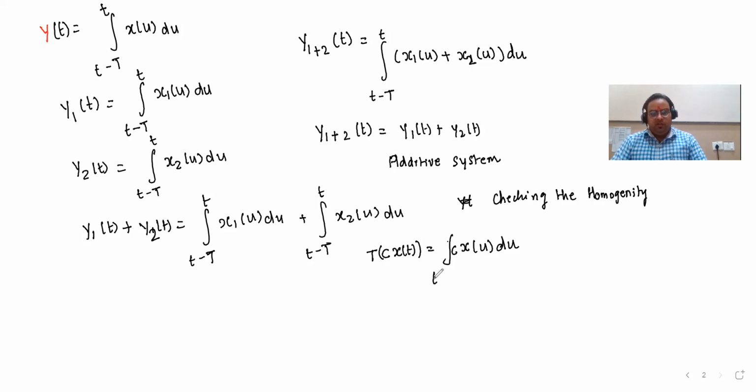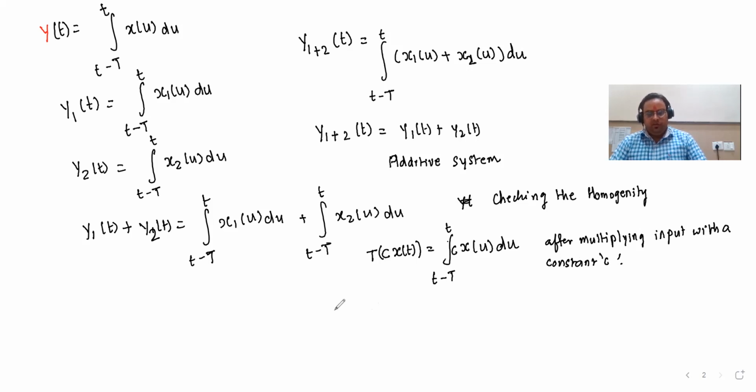So we can see here that from t minus T to t, we obtain, after multiplying the input with a constant C, that is what we call scaling.